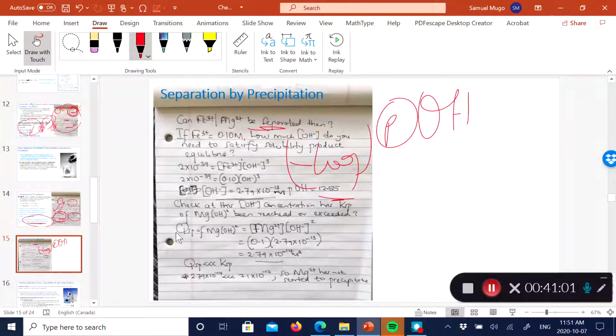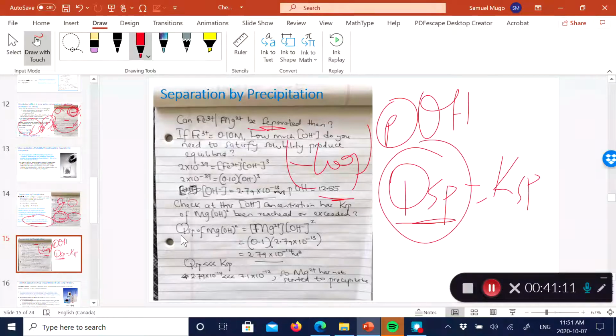So you just need to calculate what you call the QSP. And remember, the QSP is calculated exactly the same way as a KSP. The only difference is the QSP is the quotient before equilibrium has been established. So you've not given it enough time for equilibrium to be established.